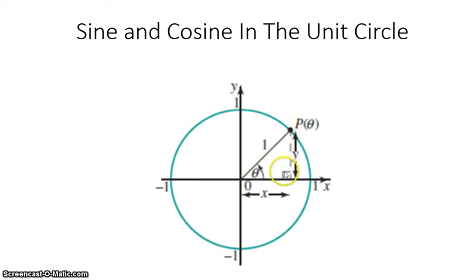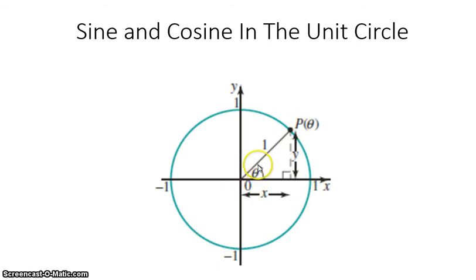We can see that this angle here is 90 degrees, and we have a vertical side to our triangle and a horizontal side to our triangle. My one unit here is the hypotenuse. This is where our trig ratios come in, and particularly we can focus on sine and cosine.